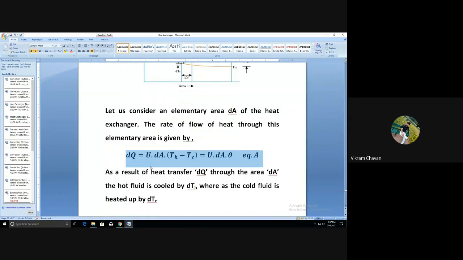That will be equal to U multiplied by dA multiplied by theta, where theta is nothing but Th minus Tc. So consider this equation number A.